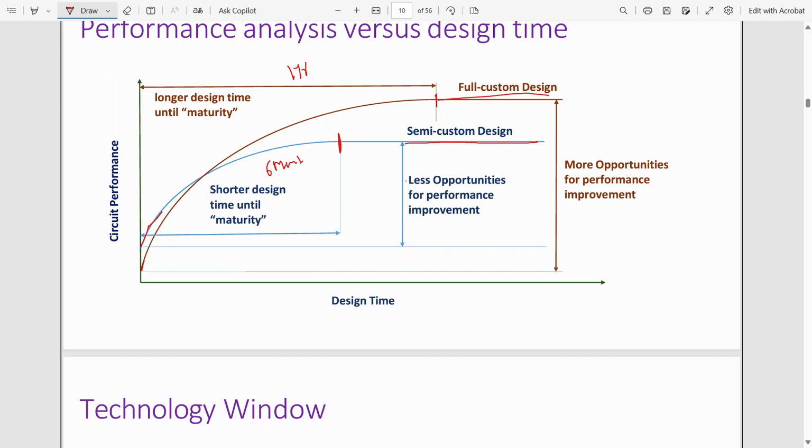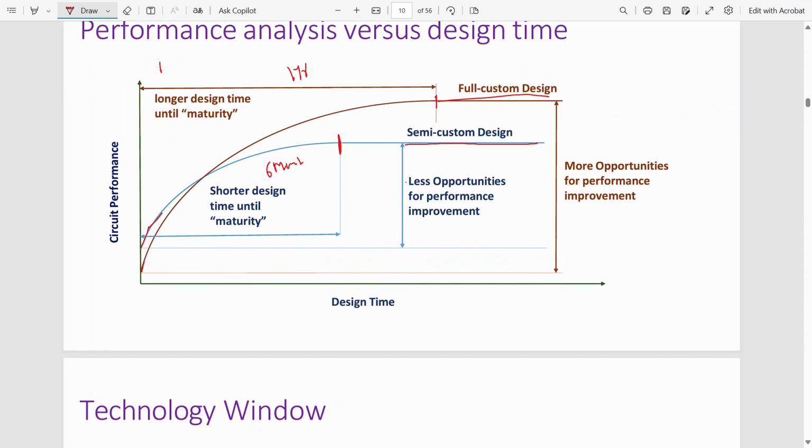Let us take an example of full custom design, like you have Apple iPhones and you have Samsung mobile phones. I am taking the example of these phones. If you take the iPhone, it will go from iPhone 6, 7, 8, 9, 10. Every model takes 1 year of time.